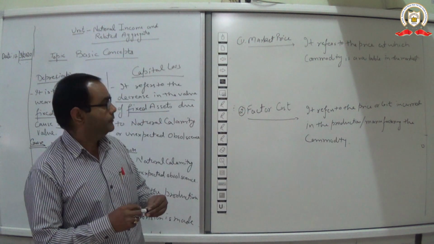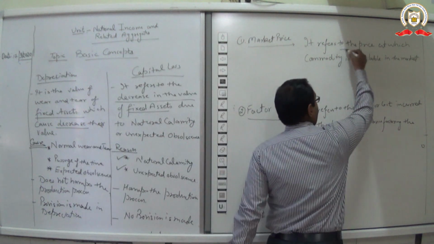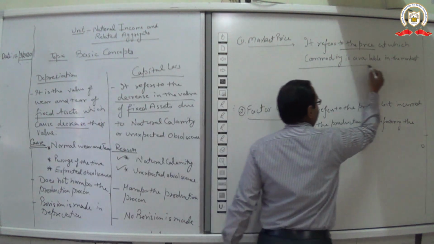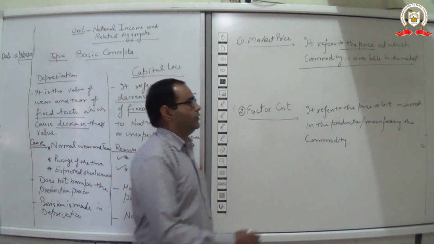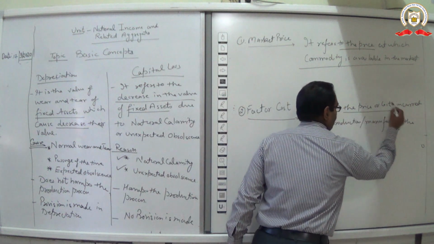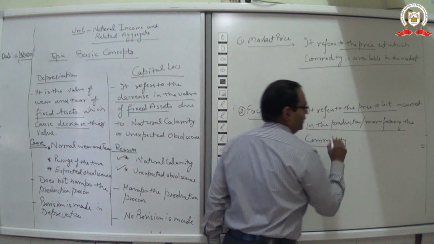Now again, market price is the price at which a commodity is available in the market, whereas factor cost is the price or cost incurred in the production of a commodity.